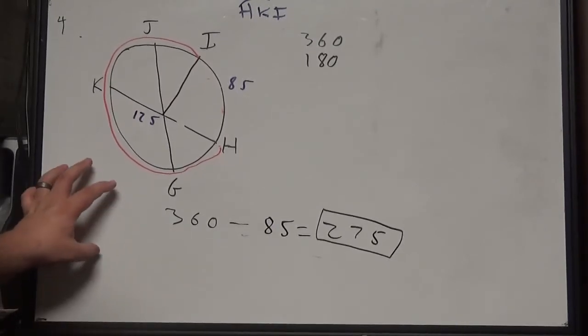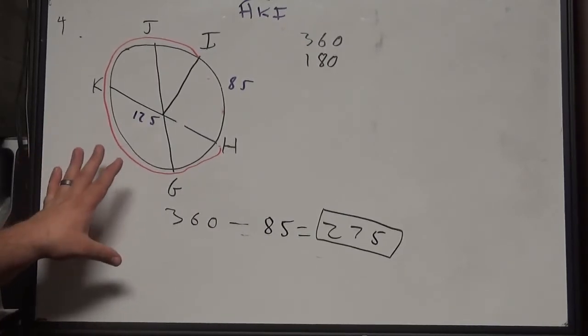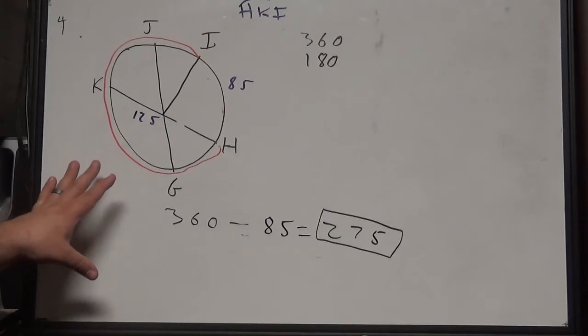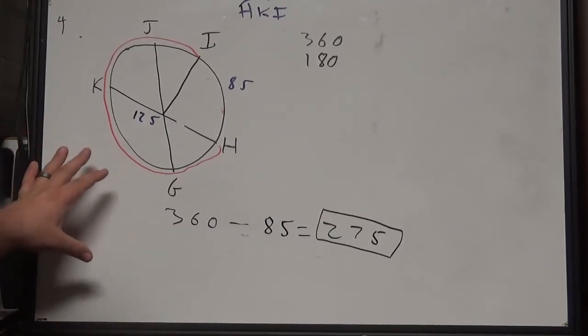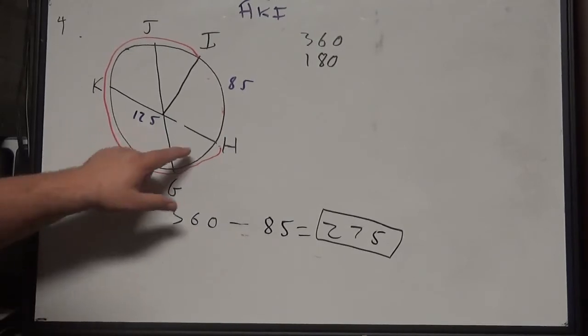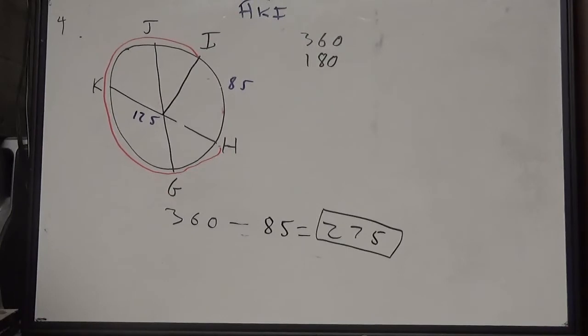A lot of times with numbers 3 and 4, they're one step, and they look more complicated because you have all these lines, and it looks like you're finding more information than you actually are.